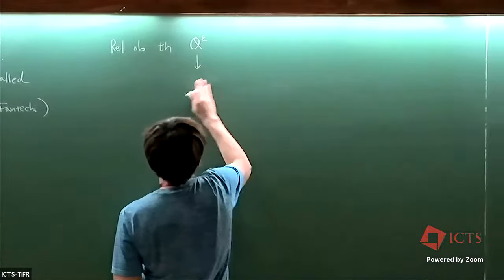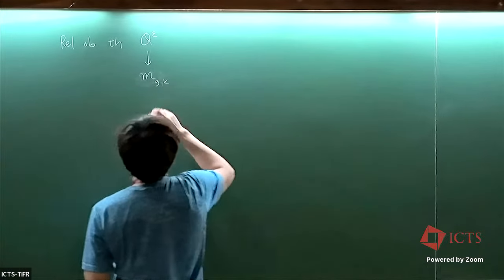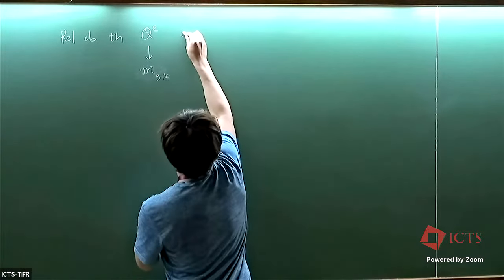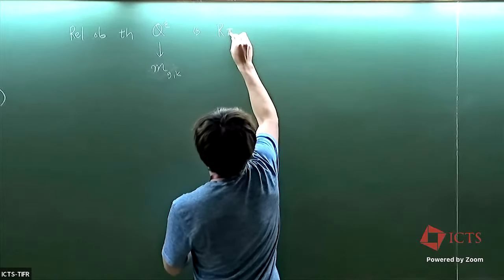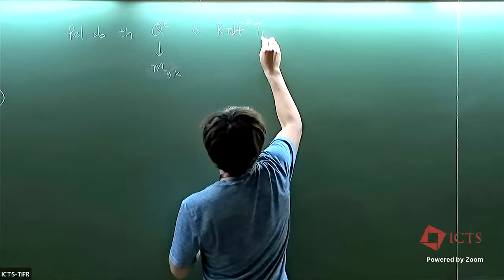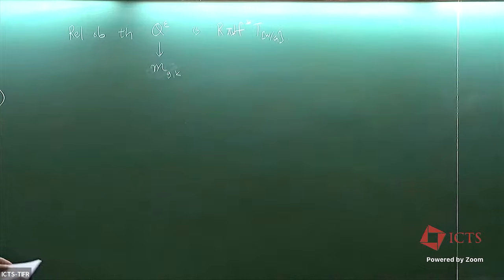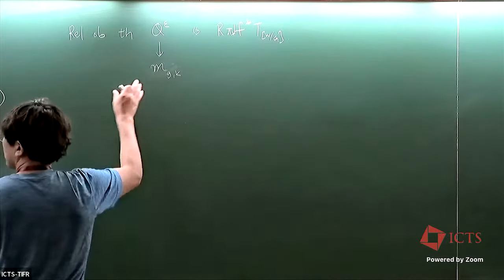to the moduli of stable curves, which is a familiar thing. So this is a relative obstruction theory, but this is absolute.